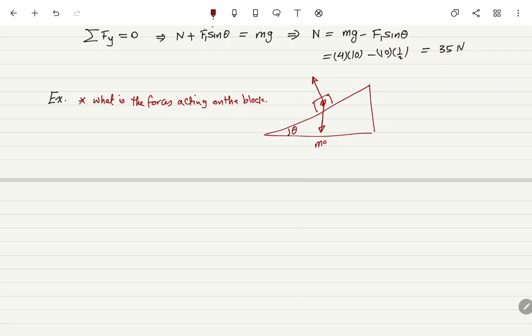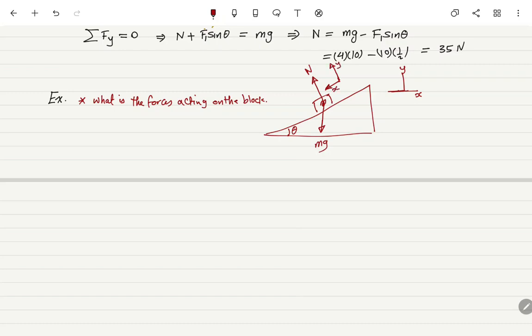So this is mg and this is N. Now to solve this, we have to rotate the coordinates in such a way that the y-axis matches with the normal force, and this is the x in this case. So this is y and this is x.